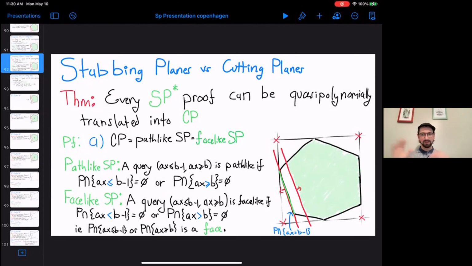In stabbing planes, you're not taking previous lines and deducing a new one. You're doing this splitting thing. And this different type of soundness is problematic when you try to make communication models, I find at least.